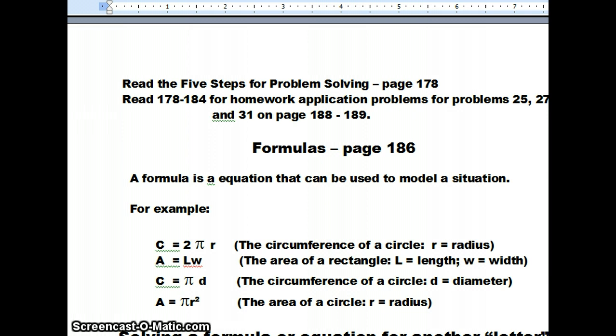This actually makes a very good concept application if you want to do that, and it will also help you on working problems 25, 27, and 31. Also realize that those homework problems that you have are in the solutions manual and the answers are in the back of your textbook. One reason that I ask that you do them is just so that you can see several applications of how word problems are actually useful.